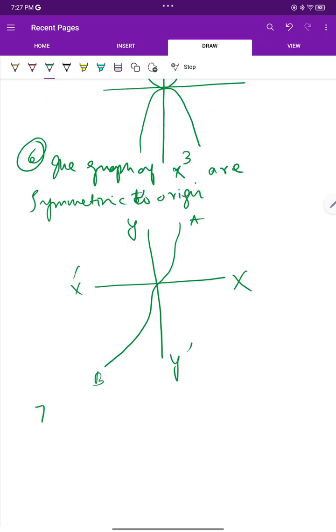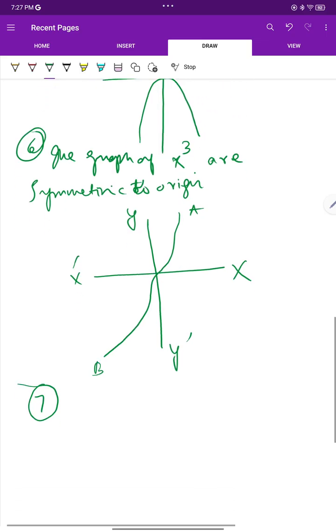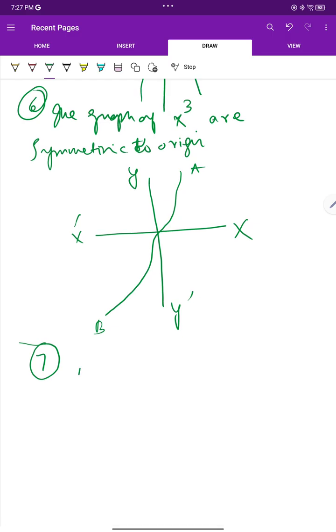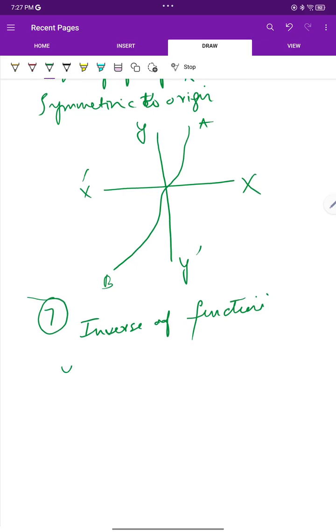And there is another most important thing which you need to remember: the inverse of a function. Let's say y is equal to f of x. So what would be x? x is equal to f inverse of y.